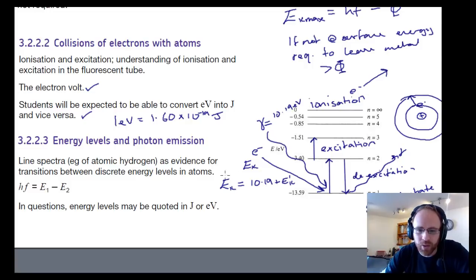So this is the initial kinetic energy of the electron that's coming in from somewhere else. It collides with this electron here. That electron undergoes this transition of 10.19 electron volts, and my original electron has lost some kinetic energy and has some new kinetic energy, which is 10.19 electron volts less than its original kinetic energy.